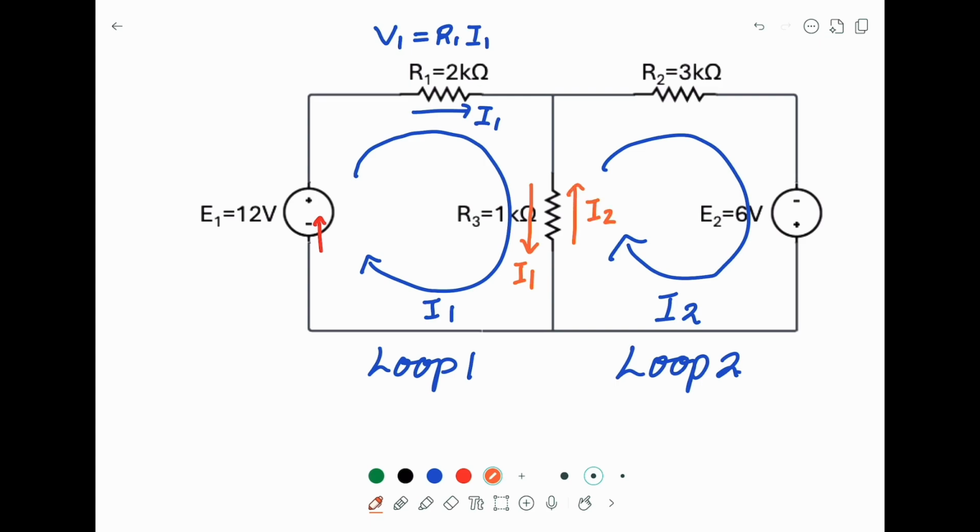When we analyze I1 in loop 1, we have to make sure the overall current is down. So there are two currents passing through R3, one is I1, one is I2, and I1 must be larger than I2.